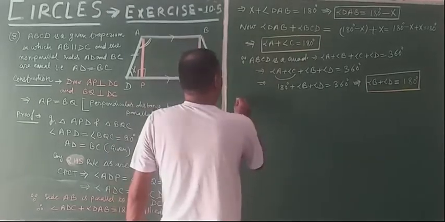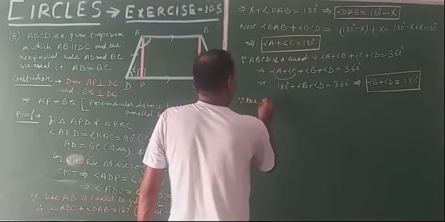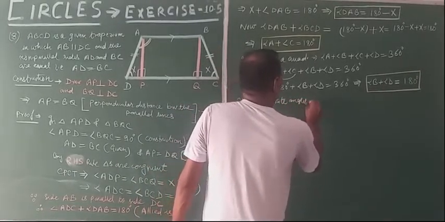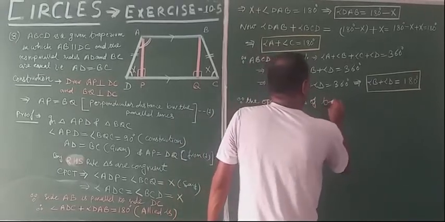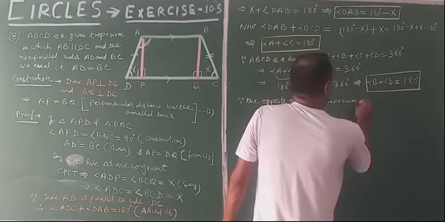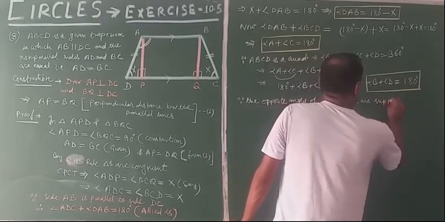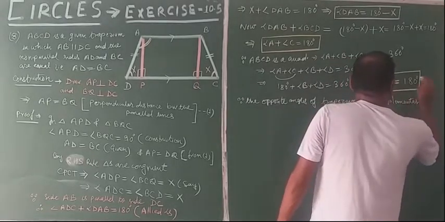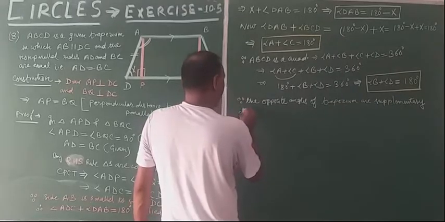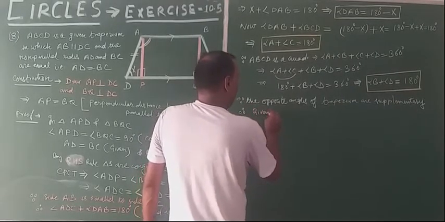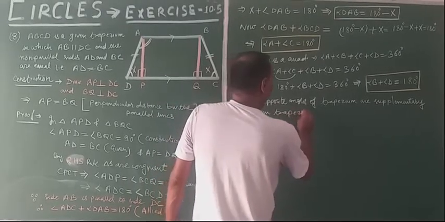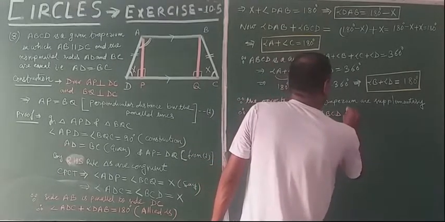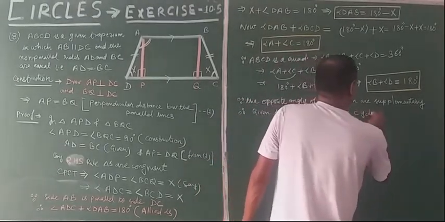Now since opposite angles of the trapezium are supplementary, therefore the given trapezium ABCD is cyclic.